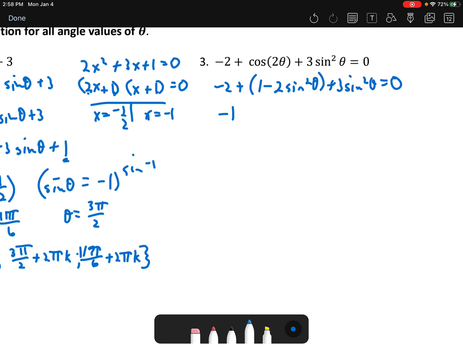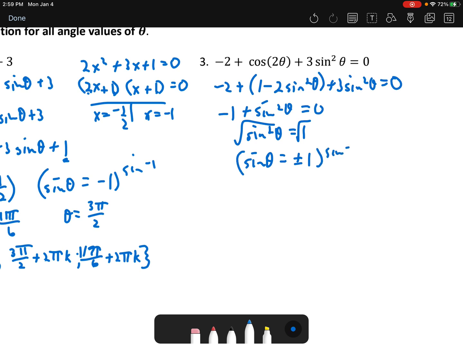Let's see if we combine like terms. I think we end up with that, don't we? 3 sine squared minus 2 sine squared is 1 sine squared. Negative 2 plus 1 is negative 1. I'm going to add 1 to both sides, and then I'll take the square root. Sine theta is going to equal plus or minus 1.